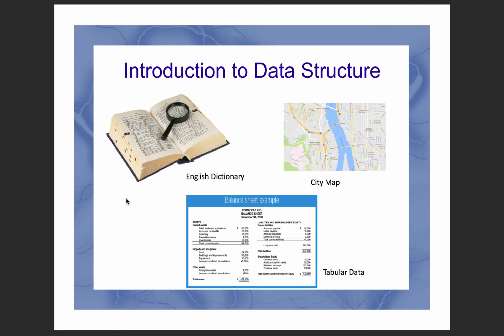So if you want to look for any word in the dictionary, you probably don't need a lot of time to find it. This is because all the words in dictionaries are kept in an organized way so they can be easily found.